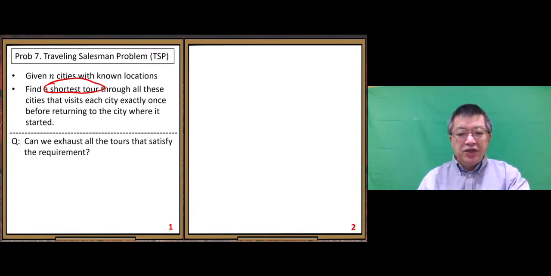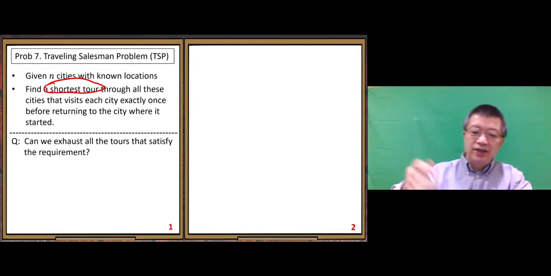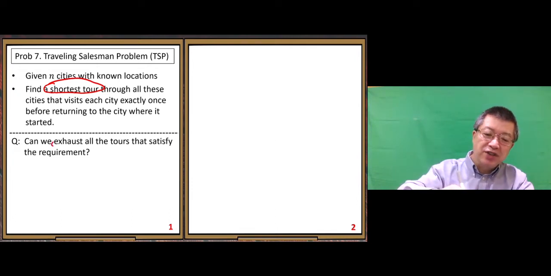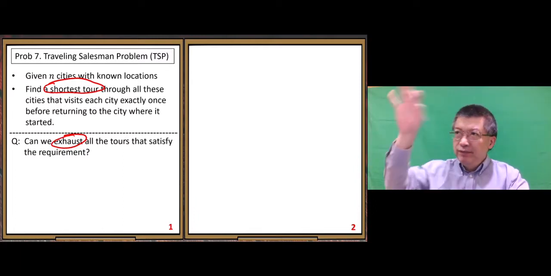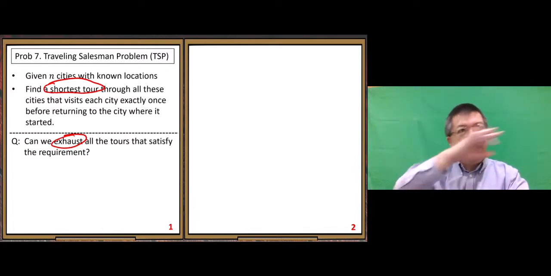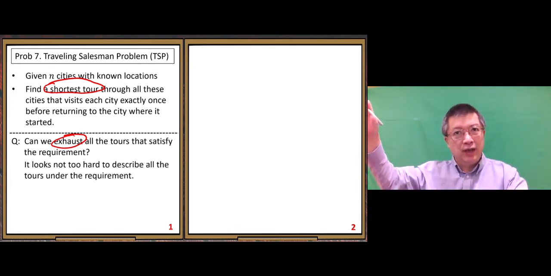Question: can we exhaust all the tours that satisfy the requirement? So the first thing, we try to exhaust all the tours. Because we can imagine, we can go through all the possible tours.